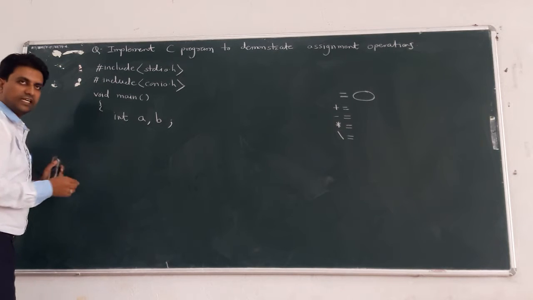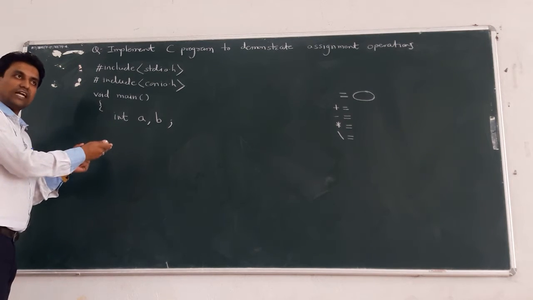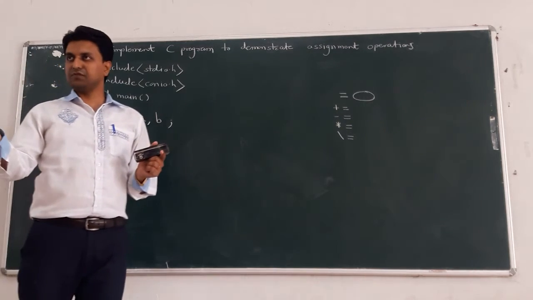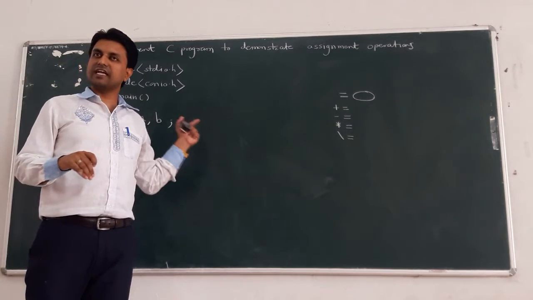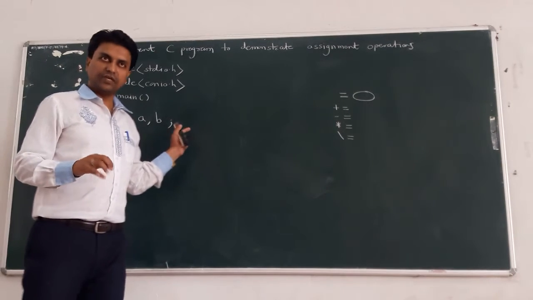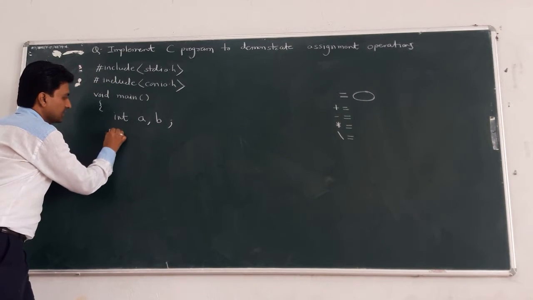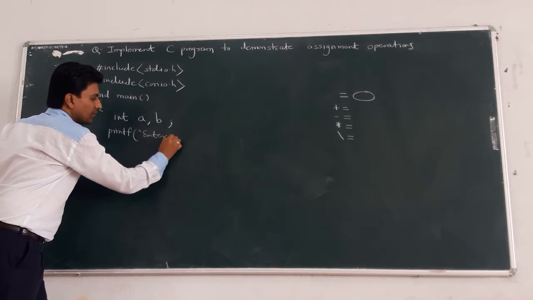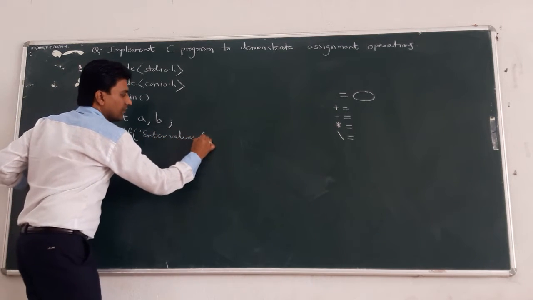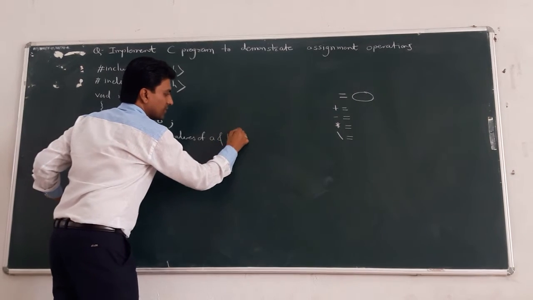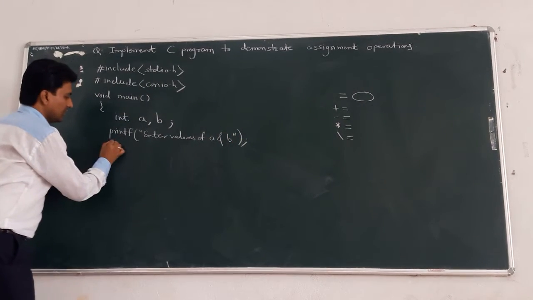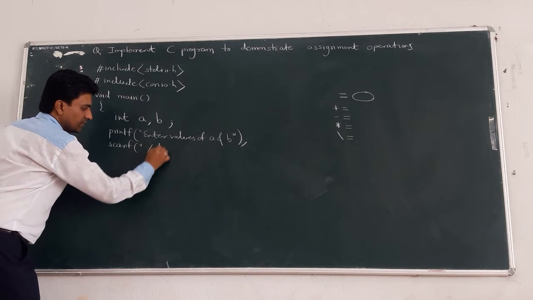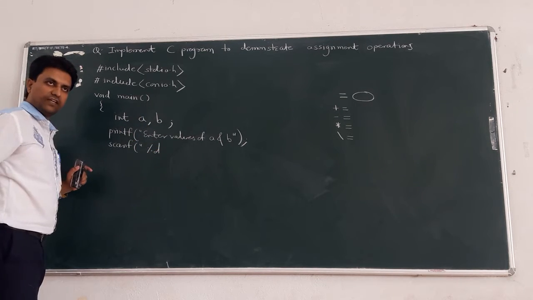Next, what is the next thing? Assign values to those variables, meaning use printf and scanf statements. Through the scanf statement we can assign values to the a and b variables. So the next statement is printf, enter values of a and b, double quotes complete, semicolon. Next, scanf, %d for scanning the value of the a variable.